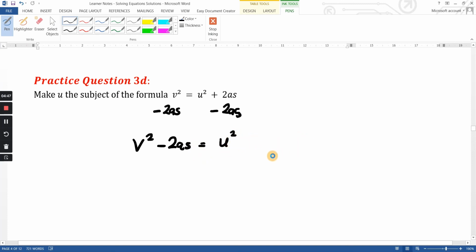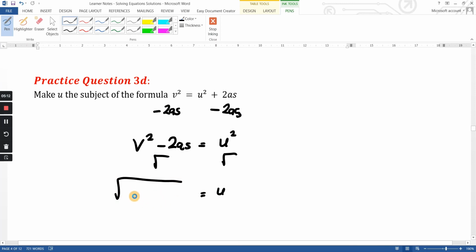Okay, so now I don't want u squared, I just want u on its own. So the opposite of square is square root, so I'm going to have to square root this side and square root all of that. So I just get u on its own on that side, that's fine. And it's a square root of all of that.